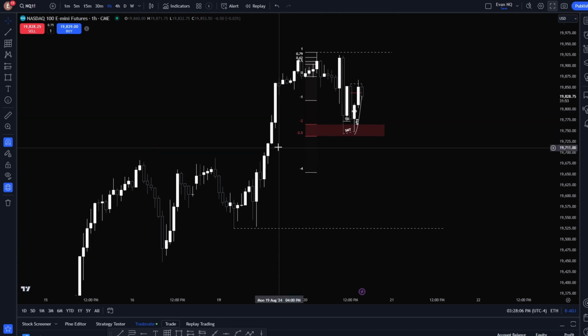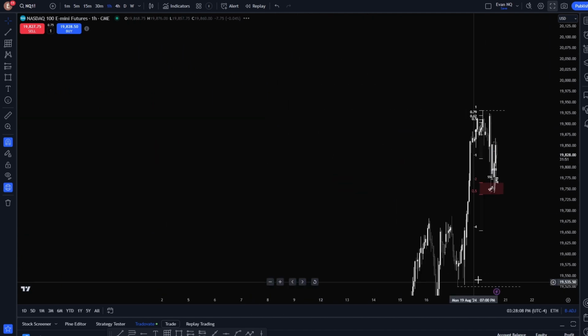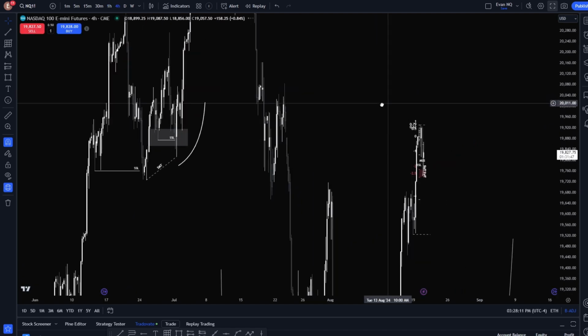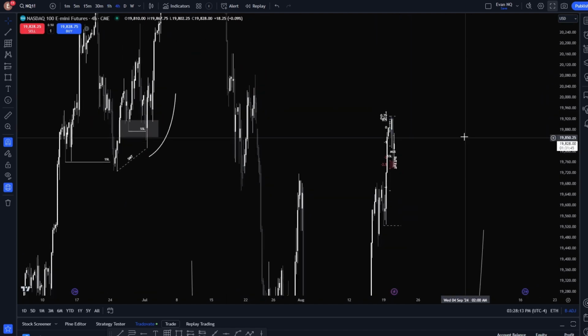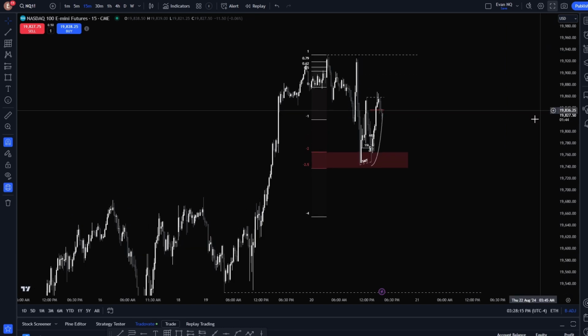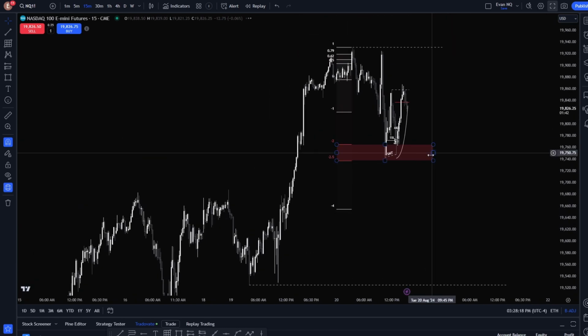We had all these unfilled imbalances, and a higher time frame SMT with this high and this high, and we could have gone all the way to this low.